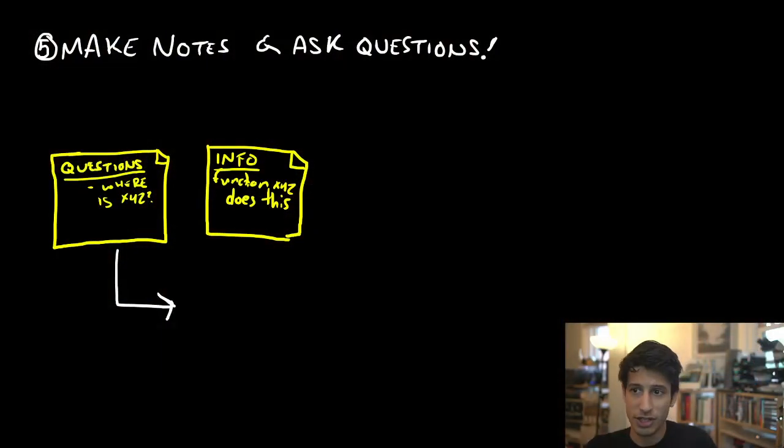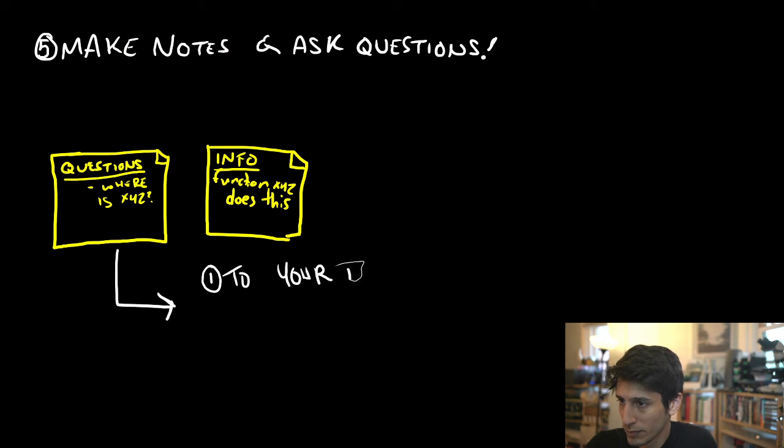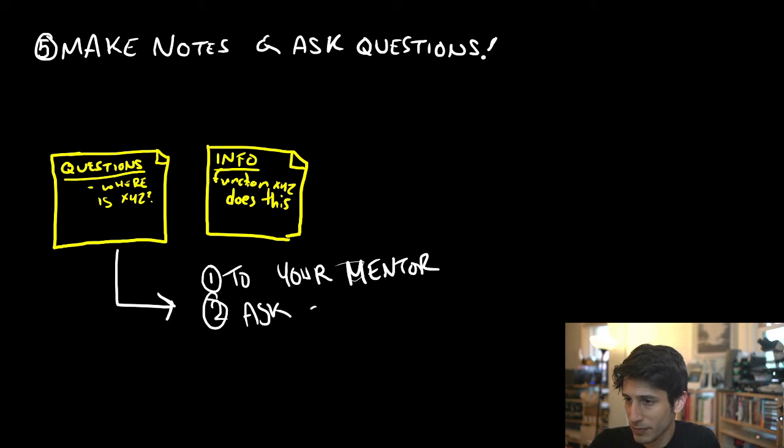No one is expecting you to know the answer to everything, and it's really, really important that when you come up with these questions, that you ask them, and you can ask them, one, to your mentor, or two, on the actual GitHub issue itself, there's a comment feature, and you can ask on GitHub. So you can actually ask on GitHub itself.